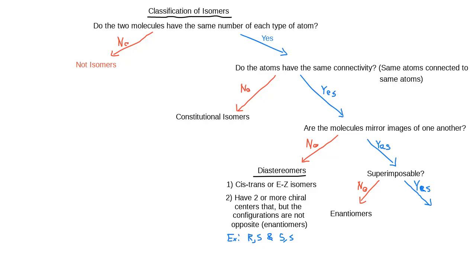Basically, any stereoisomers that have the same connectivity but are not enantiomers are called diastereomers. And they can either be cis-trans or E, Z isomers, like with the double bond, or they can be compounds that have chiral centers, but the chiral centers are not opposite to one another, so they're not enantiomers. So enantiomers have opposite stereochemical configurations.